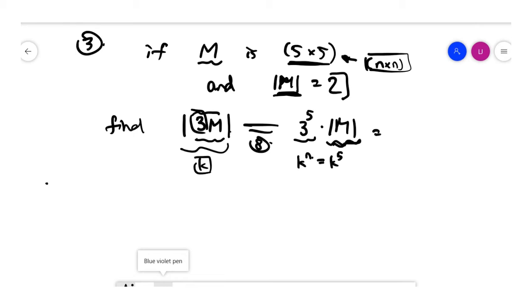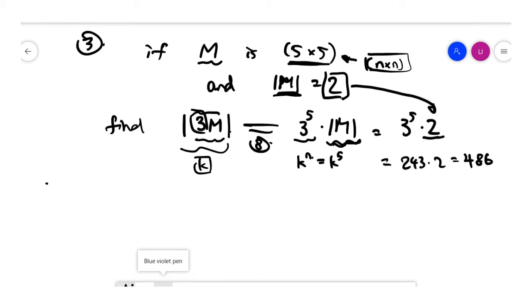The determinant in this case is 3 to the power 5 times 2, because the determinant of the original matrix M is 2 here. So the determinant of 3M is going to be 486.